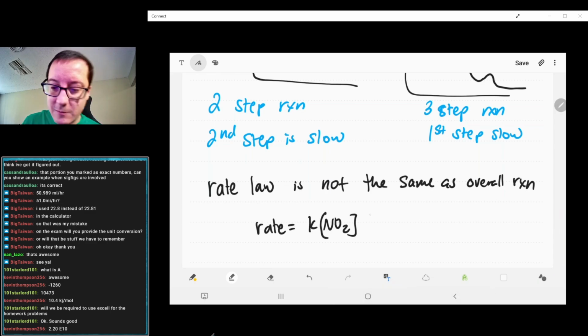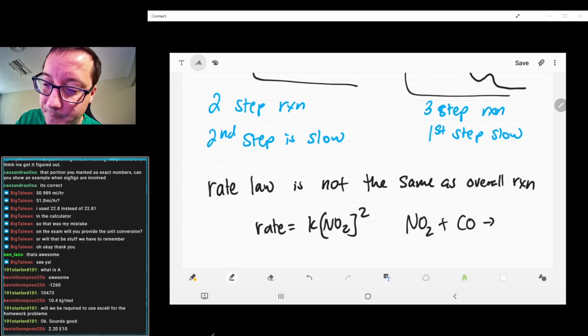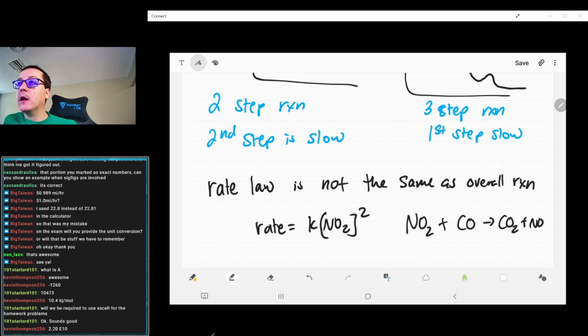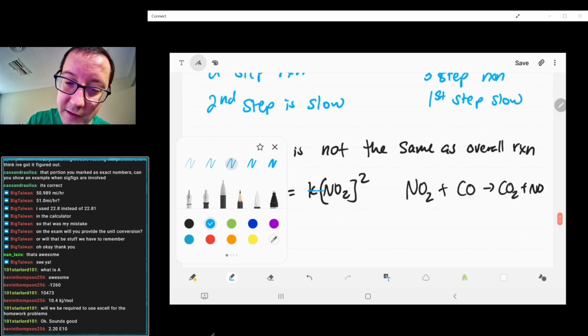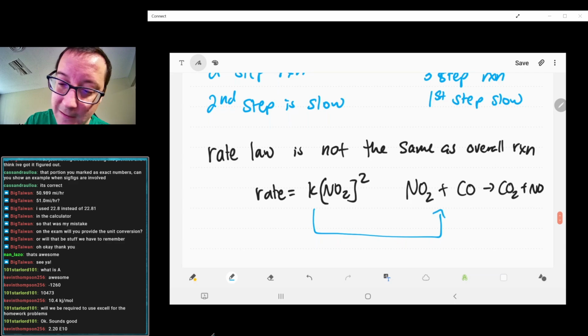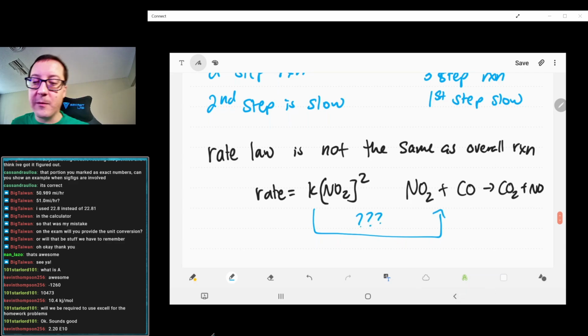For example, I think we had a rate law like this where we were looking at the reaction of NO2 plus carbon monoxide. They transfer an oxygen, right? We saw that this rate law didn't really have anything to do with this overall reaction. There's no obvious way to go from this rate law to this overall reaction.